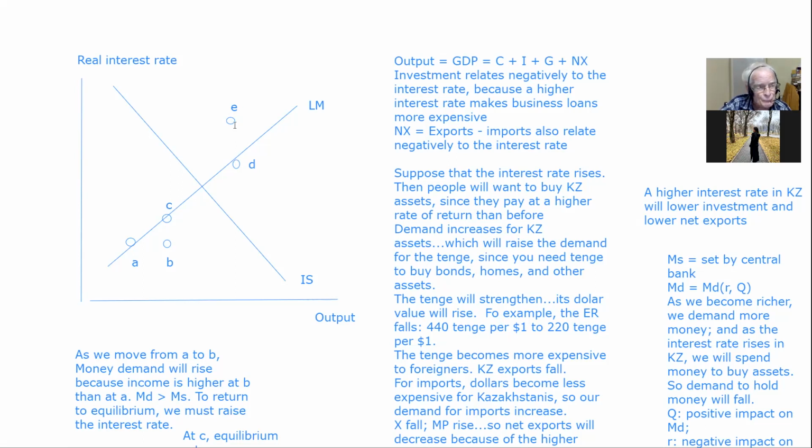So what happens now at point E? Money supply has not changed. We still have 3 trillion tenge, but money demand may change. How does money demand change as we go from D to E?